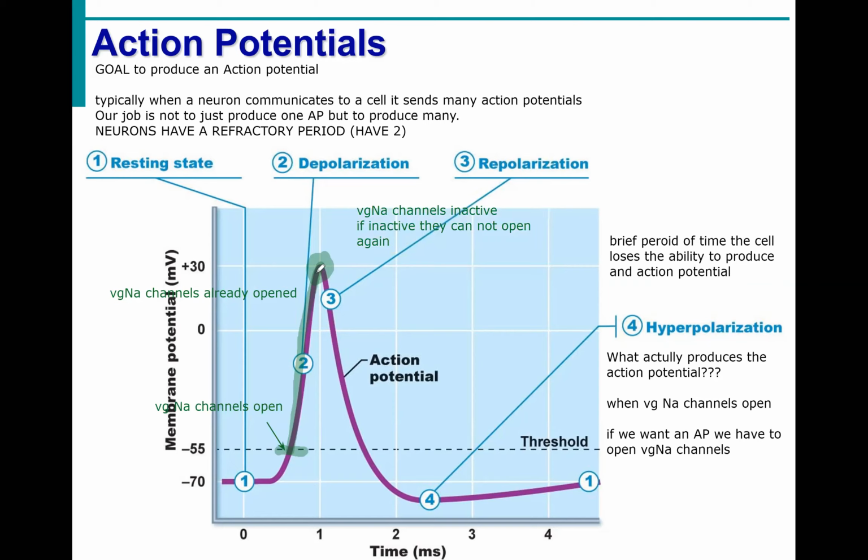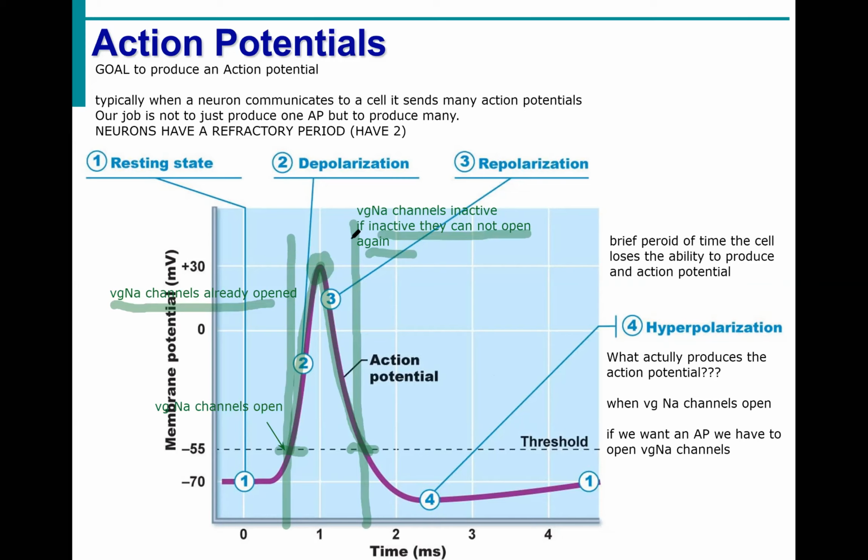So notice, for all of this period here, so basically from this period of time right here to this period of time right here, our voltage-gated sodium channel was either already opened or inactive and cannot open again.